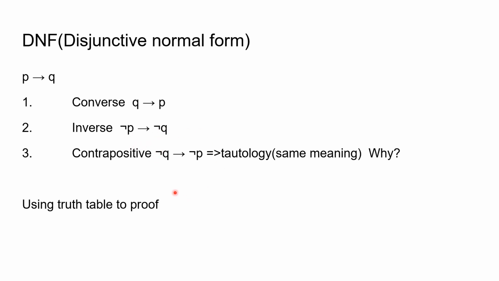It is the inverse of P implies Q, and then converted. It is a tautology with P implies Q, meaning the same thing. Why? If you write down the truth table on paper, you will find out that the truth tables are the same.